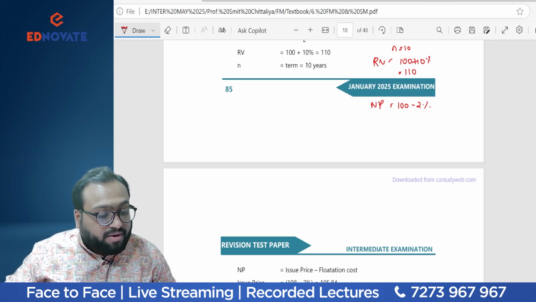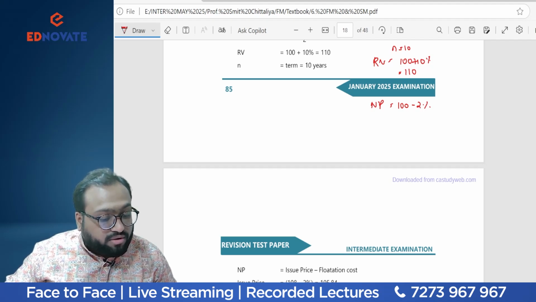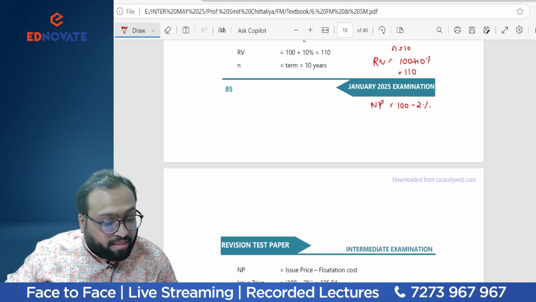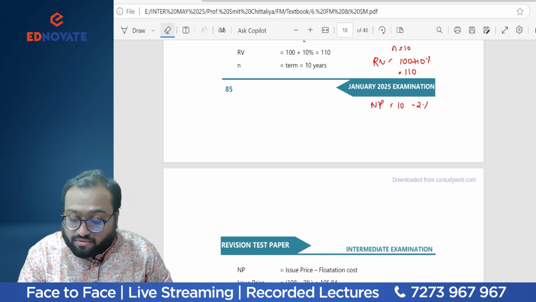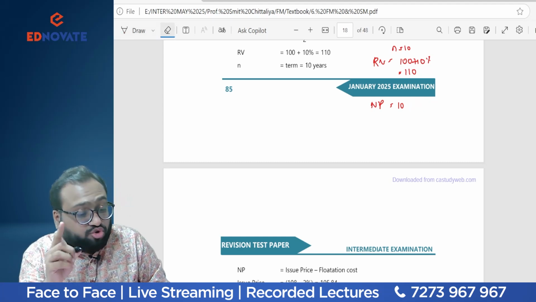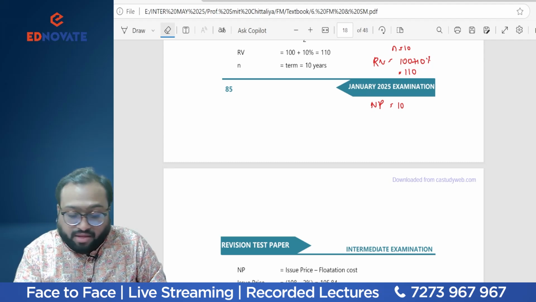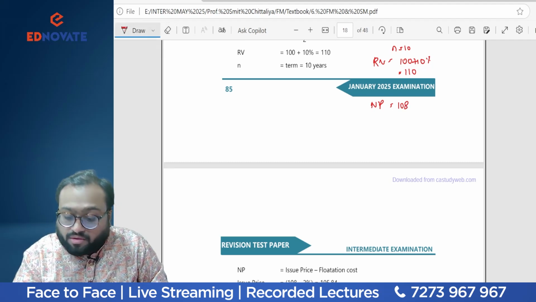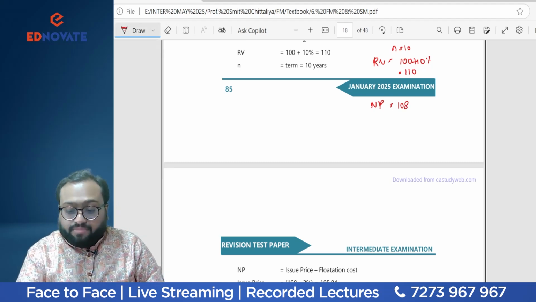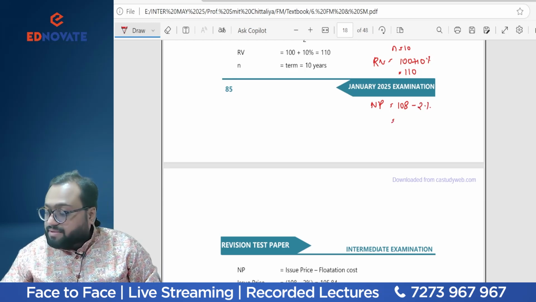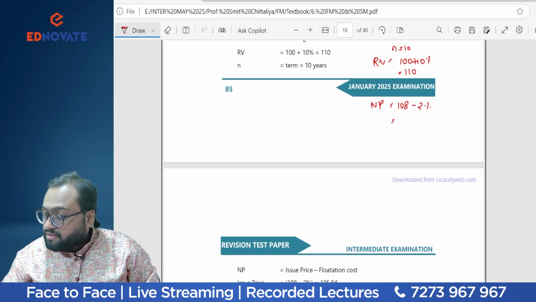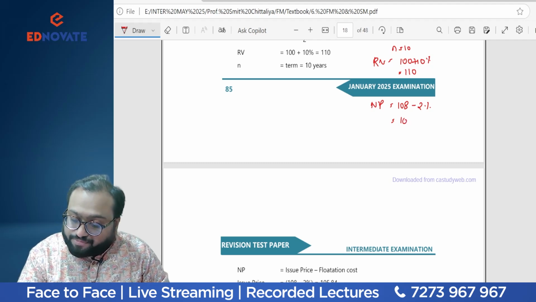Preference shares redeemable at premium, issued at discount on the issue price, and the market price is 108. It will not be on 100 because they have issued at 108. The face value is 100, but the issue is at 108. So NP will be 108 minus 2%, which will be 105.84.